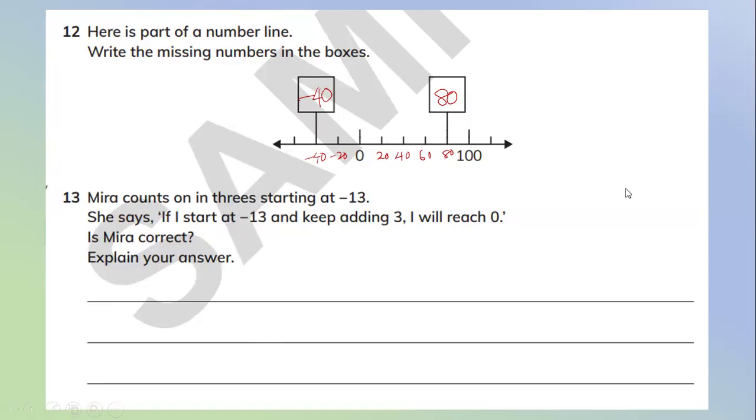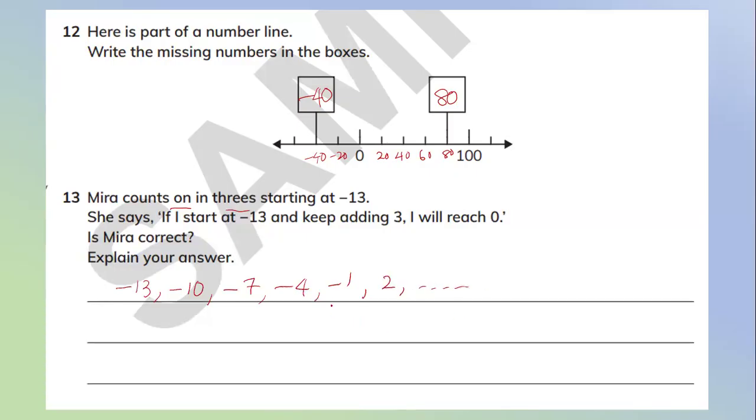Number 13, Mira counts on. Mira counts on in threes, starting at -13. She says, if I start at -13 and keep adding 3, I will reach 0. Is Mira correct? Explain your answer. So we have to continue the sequence to check whether the answer is correct or not. -13, -10, -7, -4, -1, and 2, and so on.